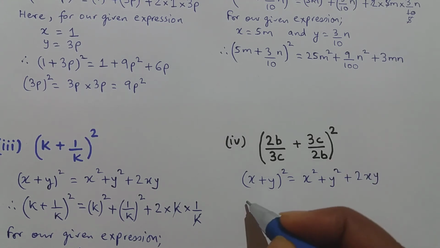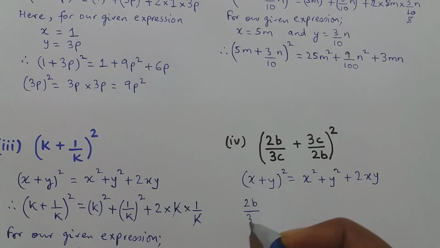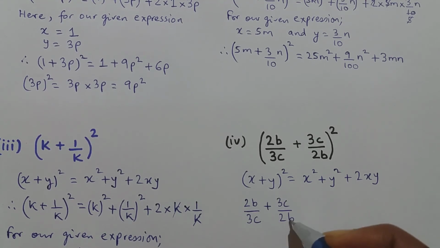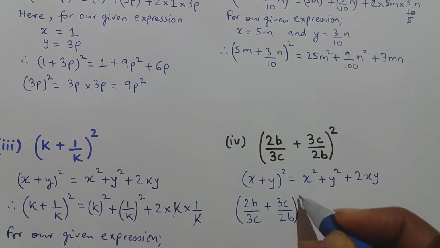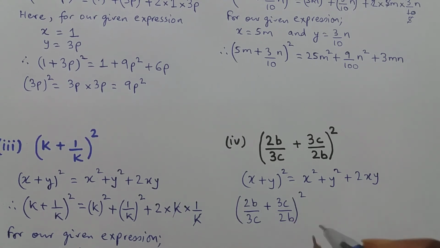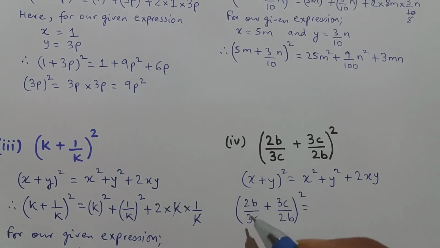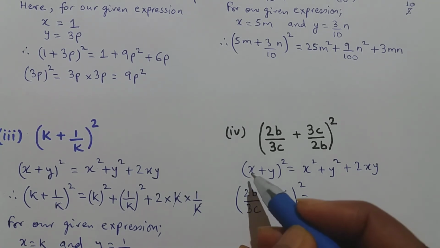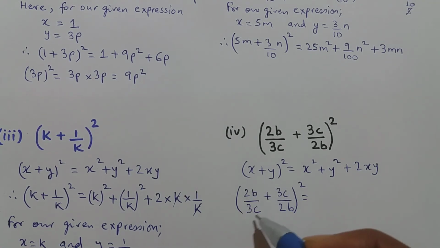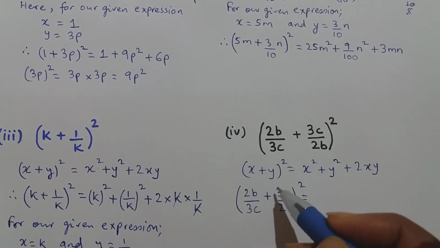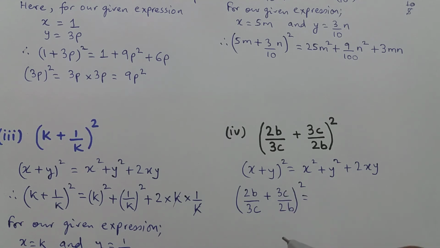The expression given to us is 2b upon 3c plus 3c upon 2b whole square. Now if I compare x plus y whole square with this expression, x corresponds to 2b upon 3c and y corresponds to 3c upon 2b.